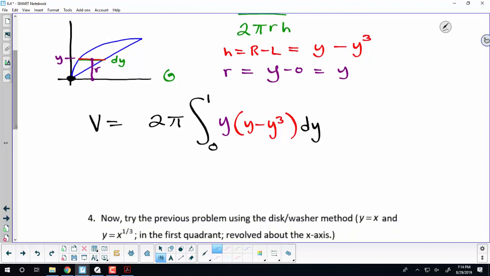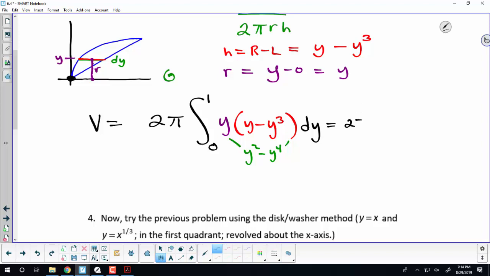So kind of similar to our last problem, you want to multiply that stuff through. I guess we can check, since we're asked to check, let's run through this real quick. I'll simplify this stuff down here: y squared minus y to the 4th. So our antiderivative is, oops, I need to leave some space.